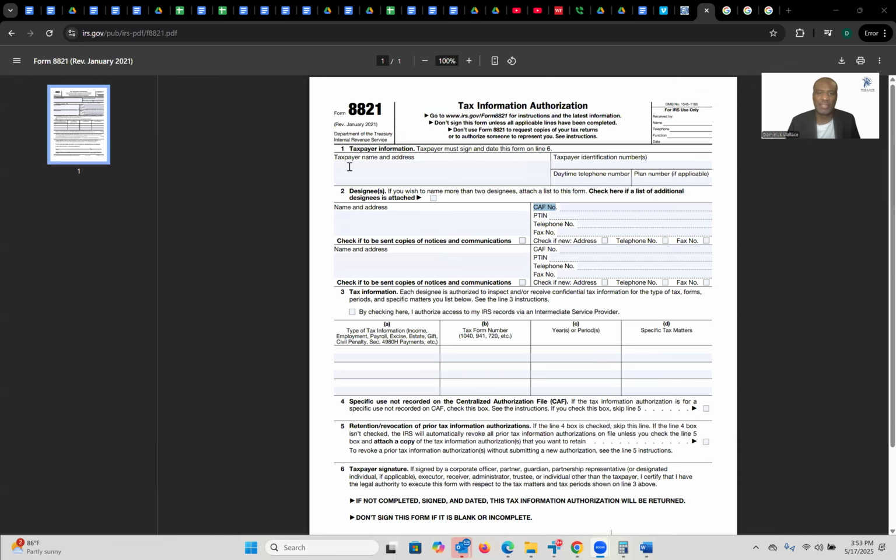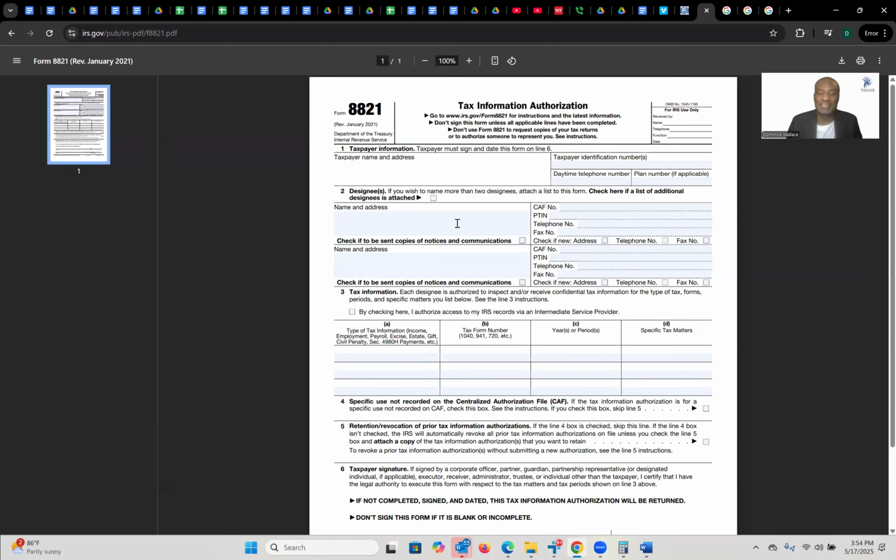As a taxpayer, that could be you as an individual or your business, and then the taxpayer identification number. So either that will be your tax ID number, EIN number, or Social Security number, whatever you're filing taxes under, right?